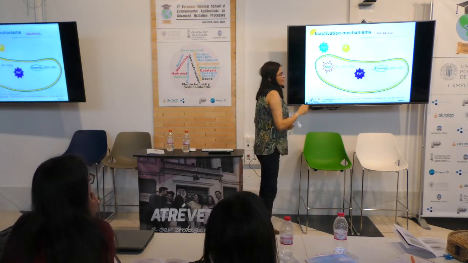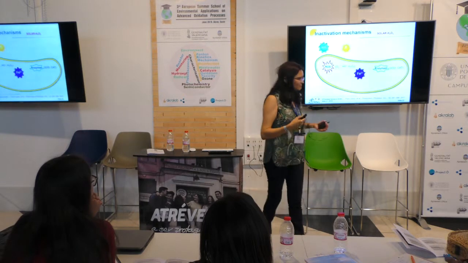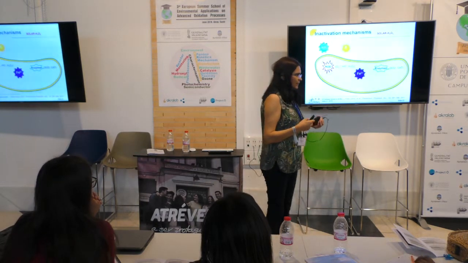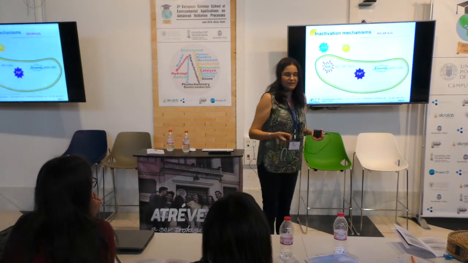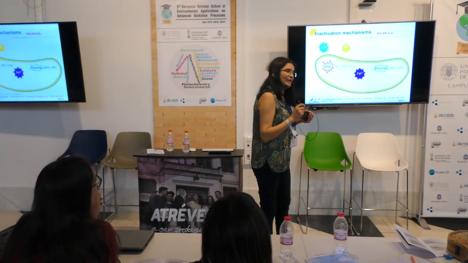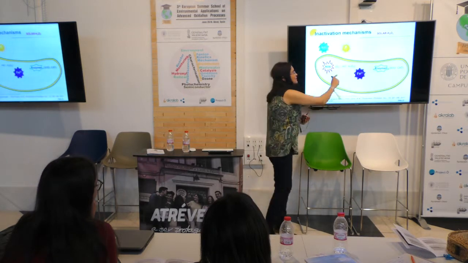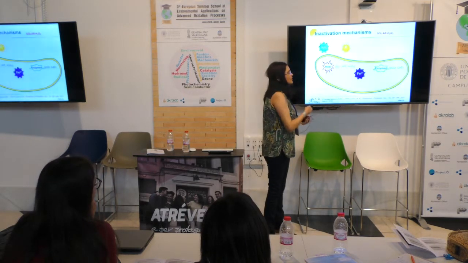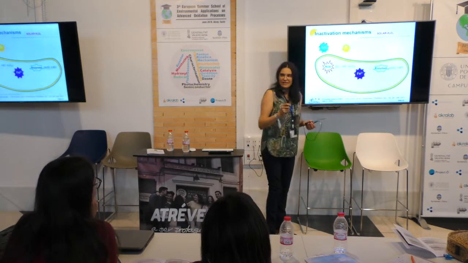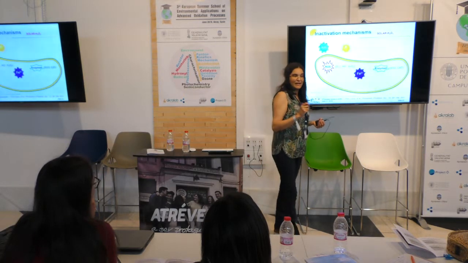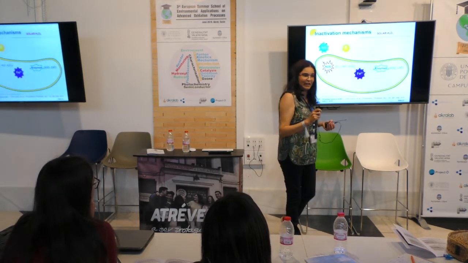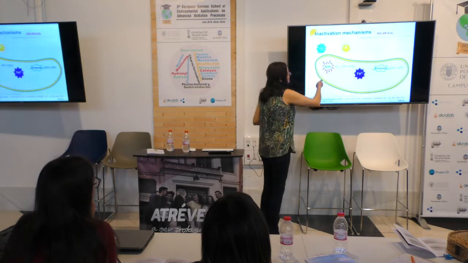Another process that is very efficient for the inactivation of bacteria using solar light is the use of very low concentrations of hydrogen peroxide. This is not because photolysis of the hydrogen peroxide is happening.